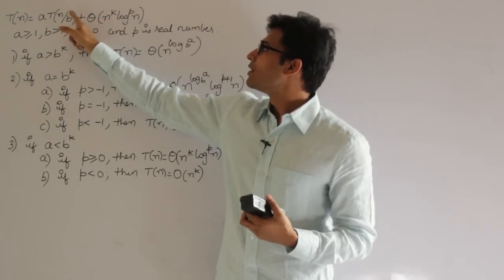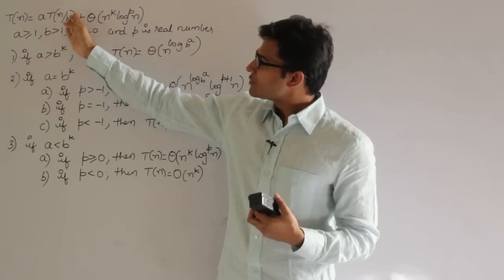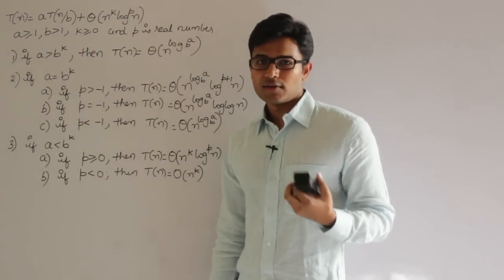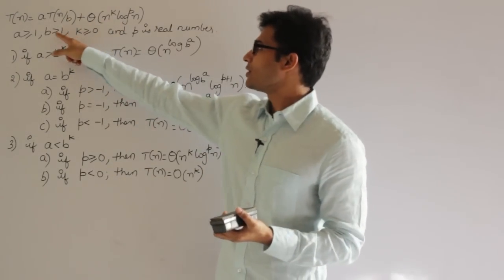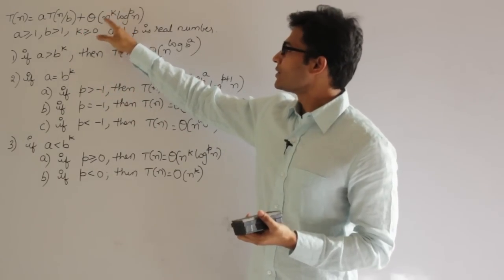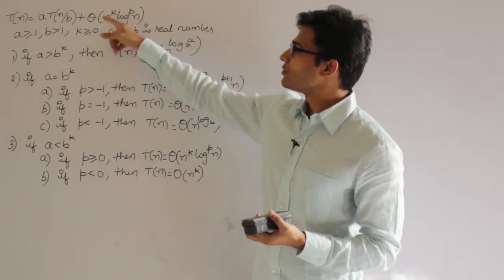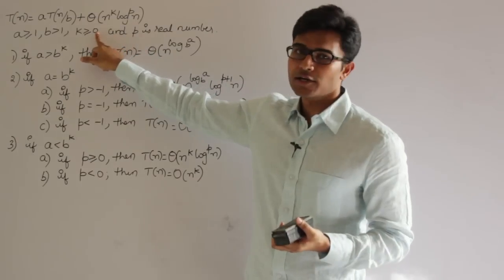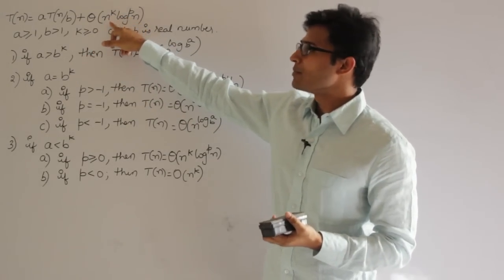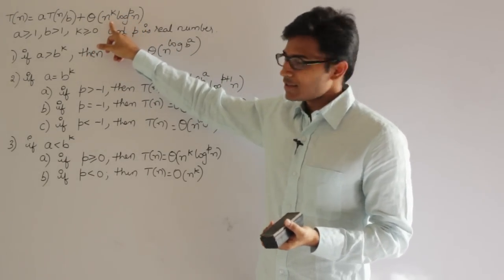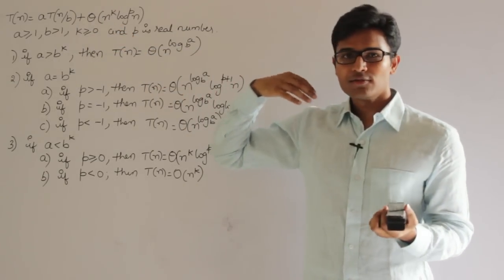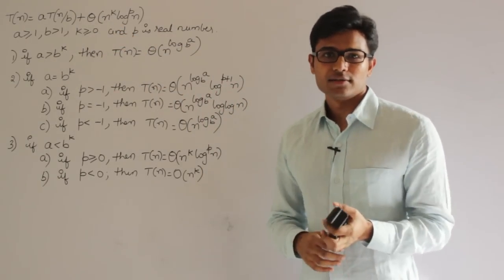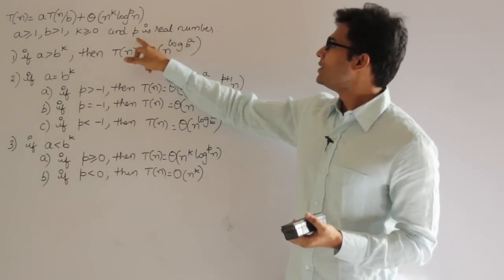That is why b has to be greater than 1. And k is greater than or equal to 0. So k could be anything which is not negative, which means we should not write 1 by n square. The reason is, we don't do any work which is inversely proportional to the size of the problem. And p is a real number.